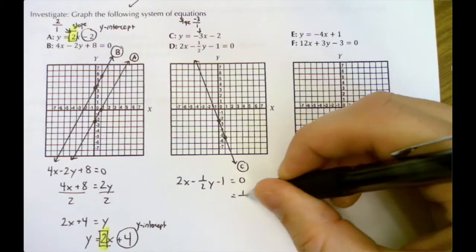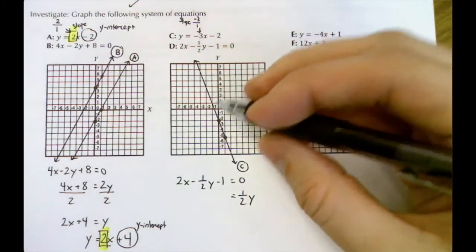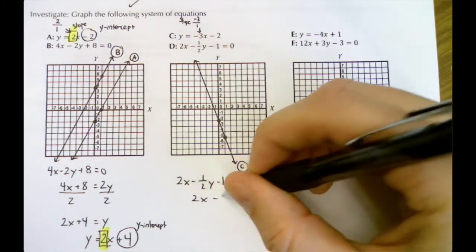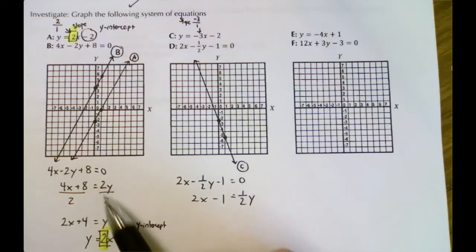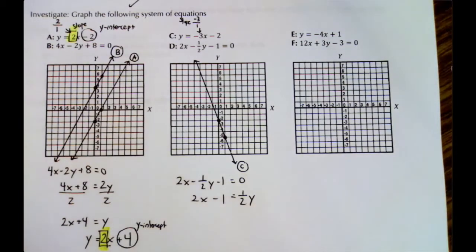It's just like a number. It stays with the letter. The question is, how do we get rid of that number? Well, when we had 2y, we divided the 2 away to isolate for y. We could again divide the half away and isolate for y, but then we get like 2 divided by a half and negative 1 divided by a half, and that might be a little tricky.